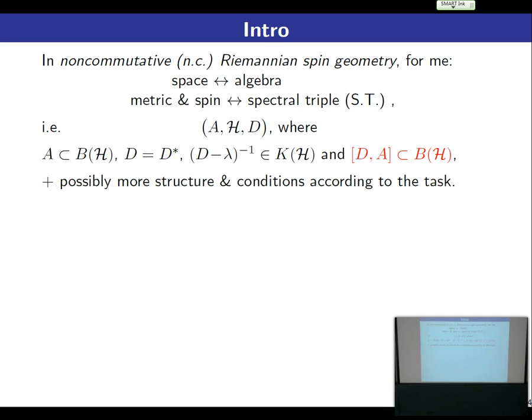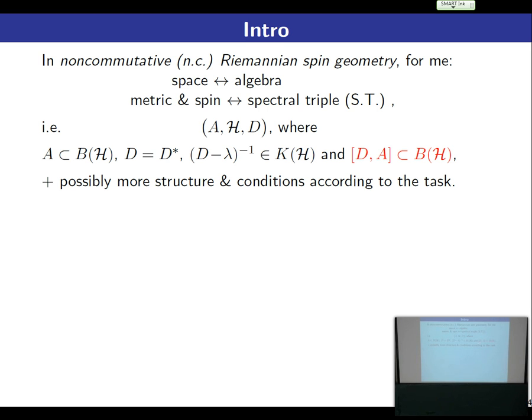So this is a triple of a star subalgebra of bounded operators on some Hilbert space H, and a self-adjoint operator with compact resolvent, usually unbounded, certainly unbounded, on an infinite dimensional Hilbert space, usually.